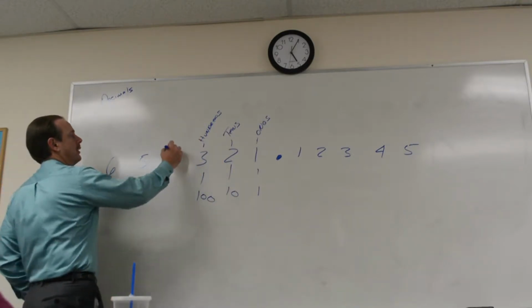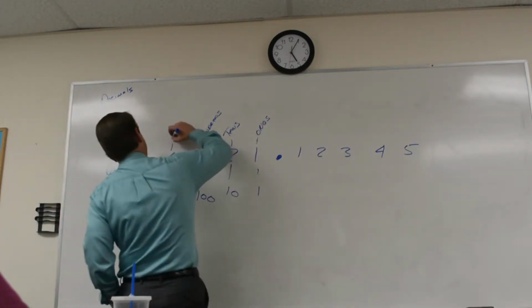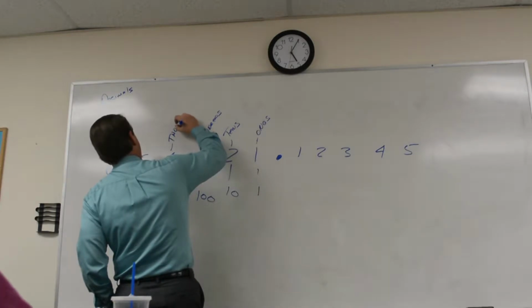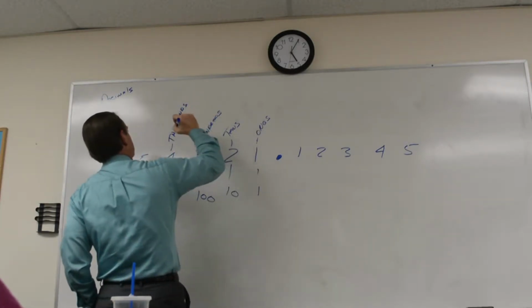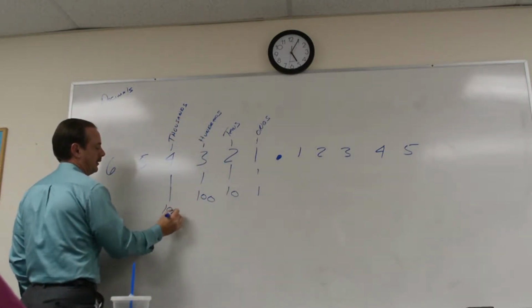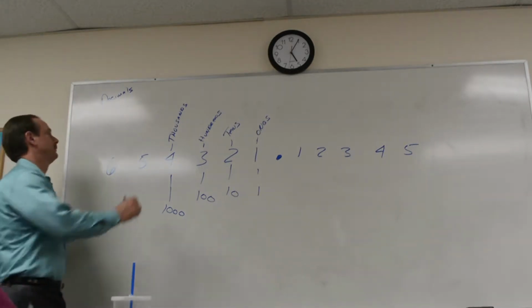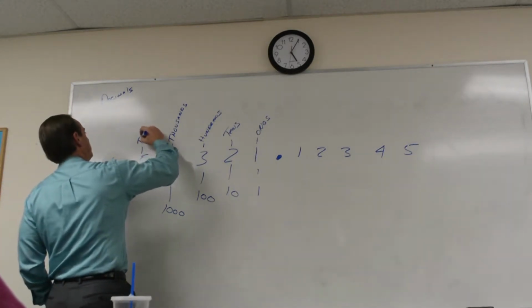All right, the number 4 here, what place is that going to be? 1,000. And it's going to be indicated by 1,000. Next place? 10,000.